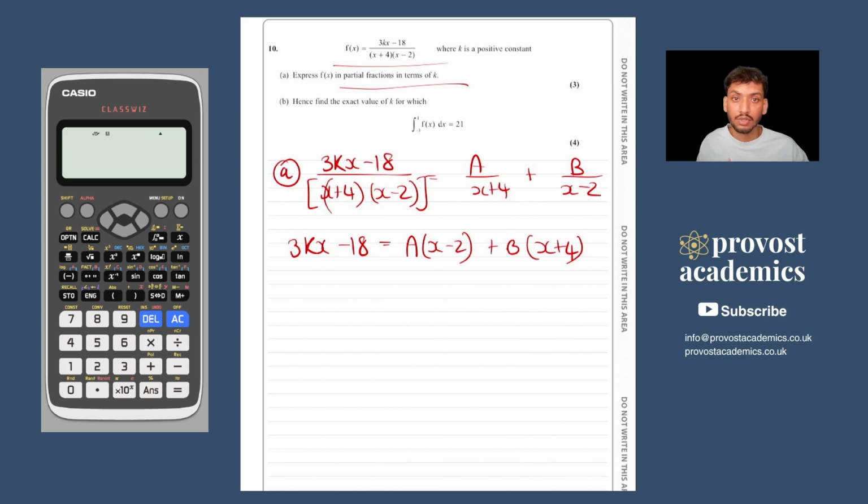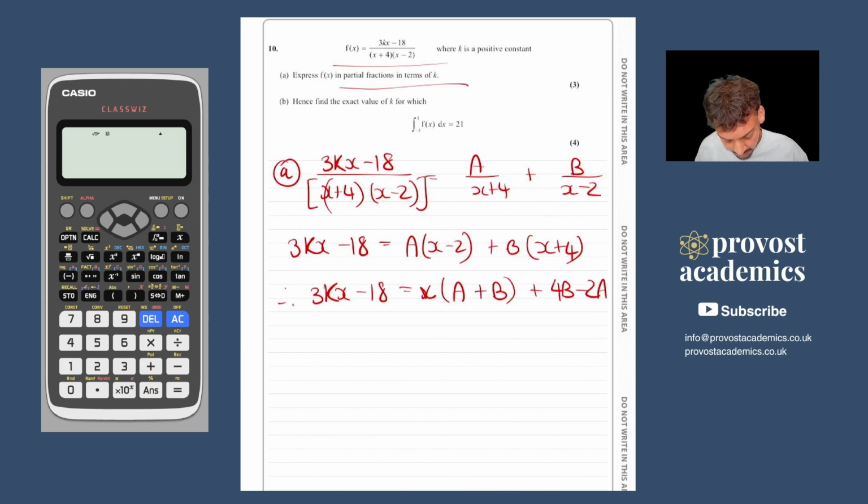So now I'm going to use something like the inspection method again to compare my coefficients of x's and also the constants. So let's simplify this a bit more. In terms of x's, I'm going to get a plus b. And in terms of constants, I'm going to get 4b minus 2a.